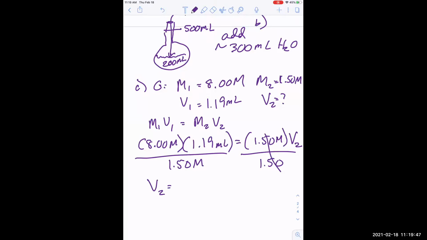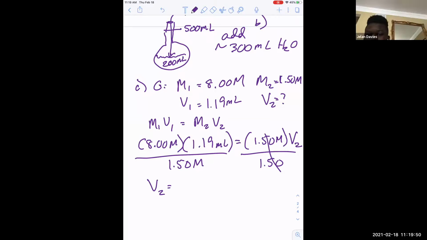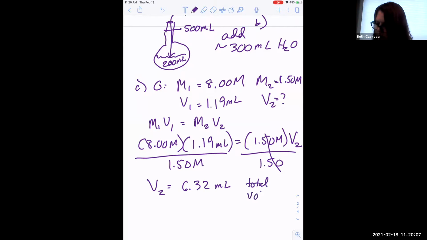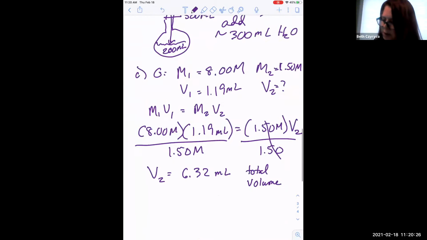I got 6.35. Same thing. Okay. So that's saying that's what the total volume is going to be, after you've added the water. If you want a 1.50 molar solution, you'd have to have a volumetric flask that had a marking for 6.32. Not real practical, but the algebra and the concept is there.